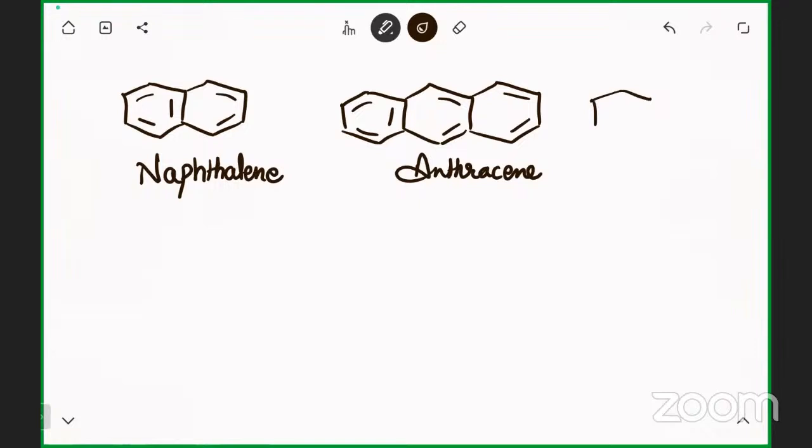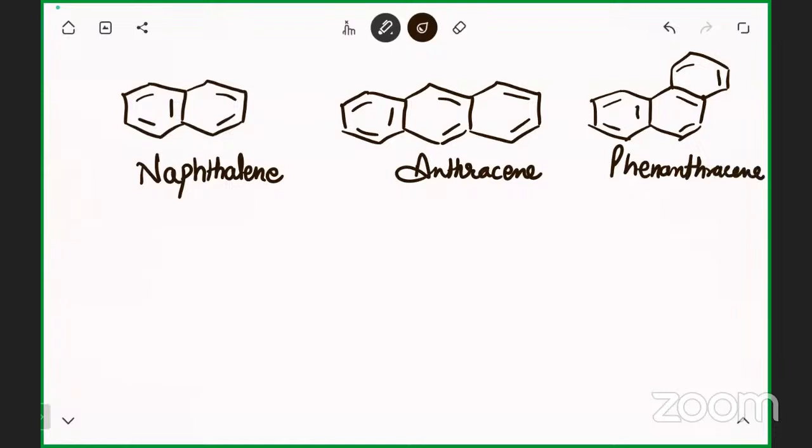Third condition, three benzene rings, but one above, then it is known as phenanthrene. Okay, you can draw them.